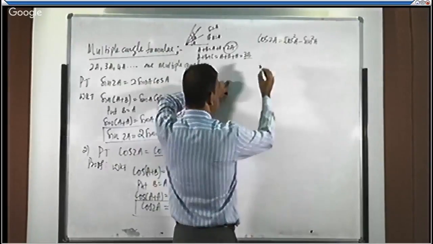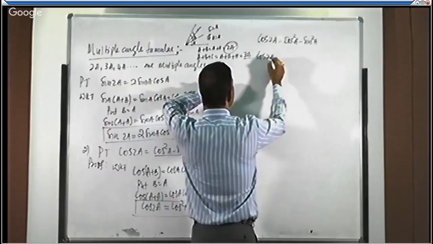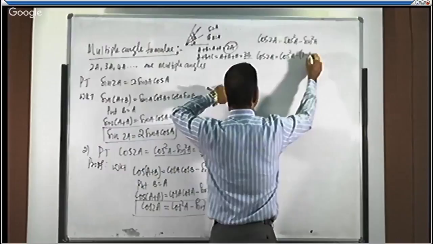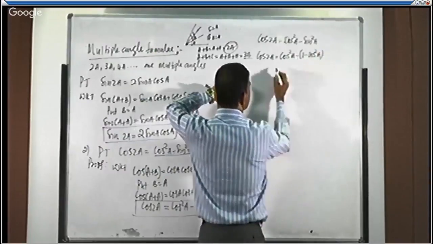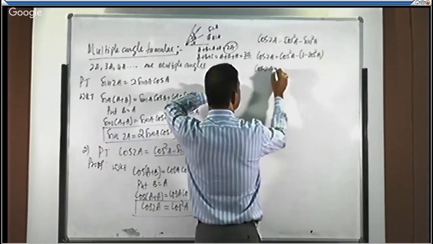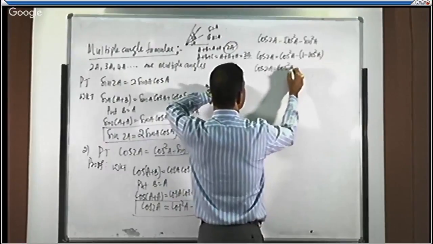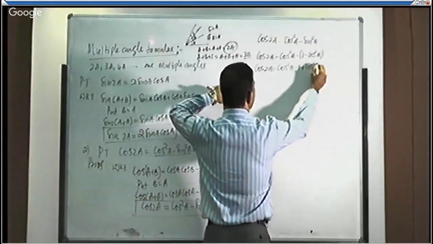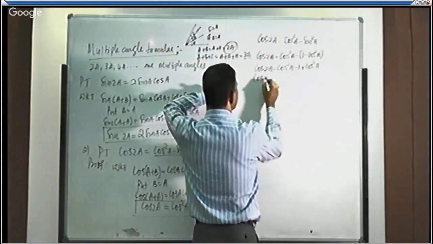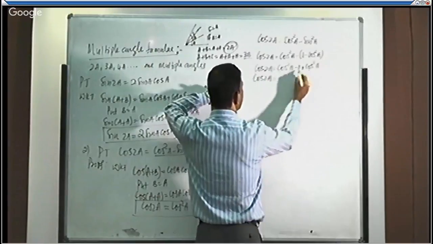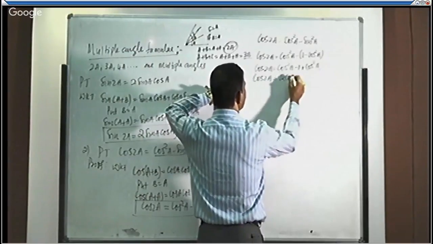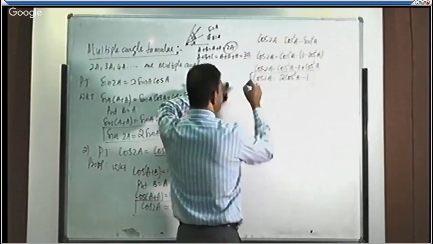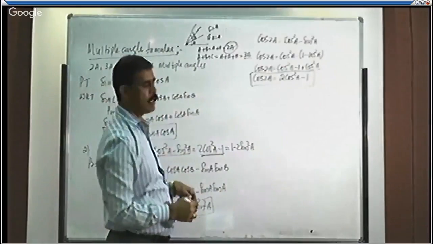It is a trigonometric identity. So using that, cos square A minus 1 minus cos square A, or cos 2A is equal to cos square A, just remove the bracket, minus 1, minus into minus, plus cos square A. Now see this, cos 2A is equal to cos square A plus cos square A, which is 2 cos square A minus 1. See, we got this second formula, right?